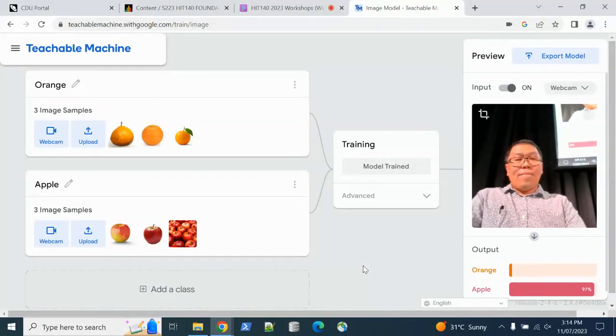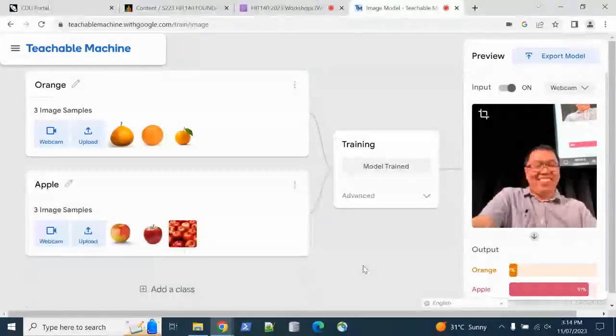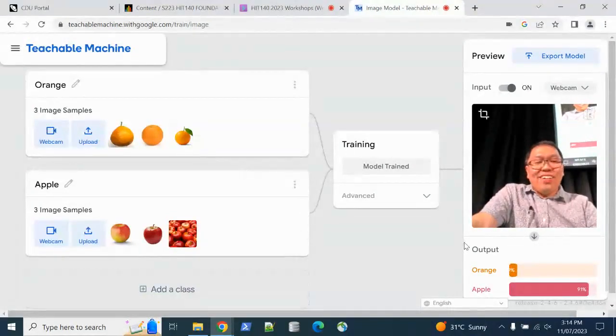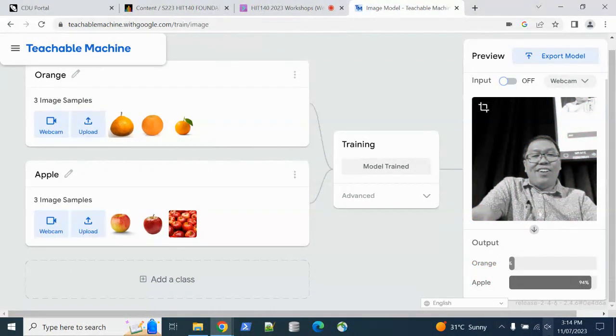And they think that I'm an apple in this case. So what you can see here is that I'm closer to apple than to orange, which is strange. When I tried before the class, I was an orange. I'm not sure. It could be the lighting, but my face is the same.